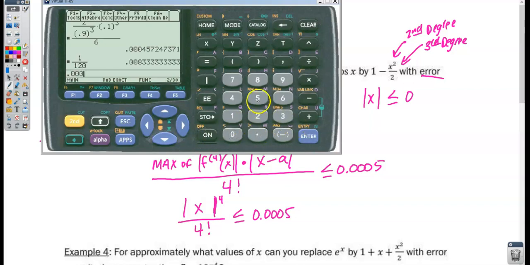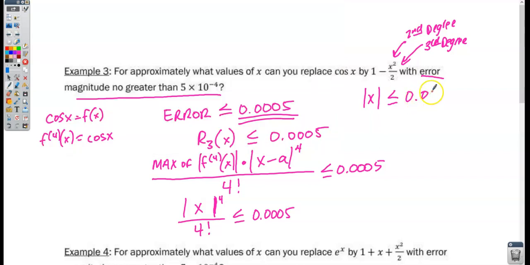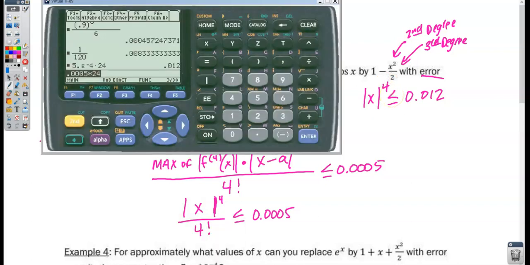So we've got 0.0005 times 24, which is 0.012. And then we take the fourth root of that value. So we're going to raise that to the 1/4 power.